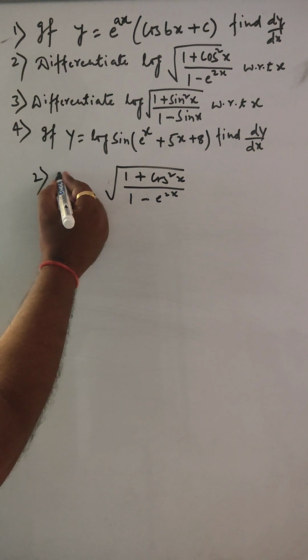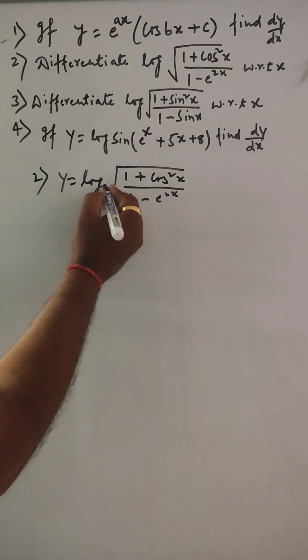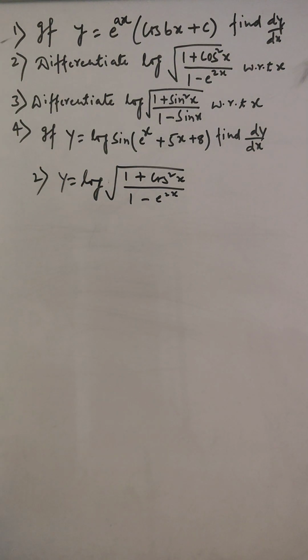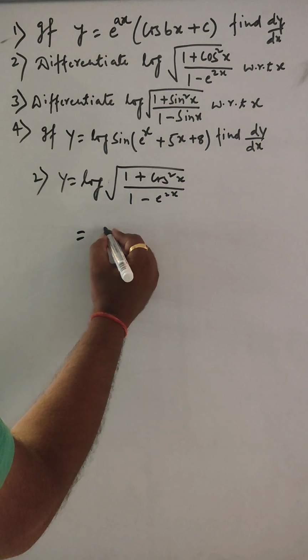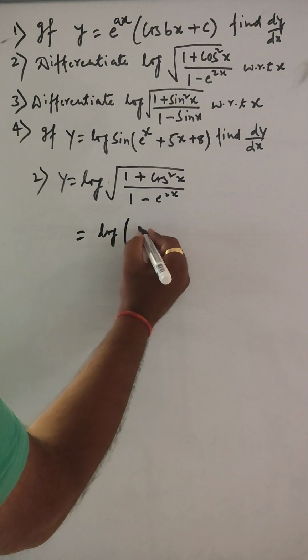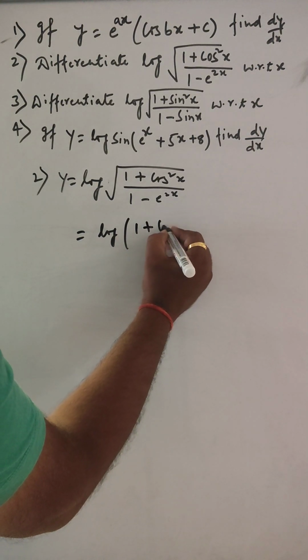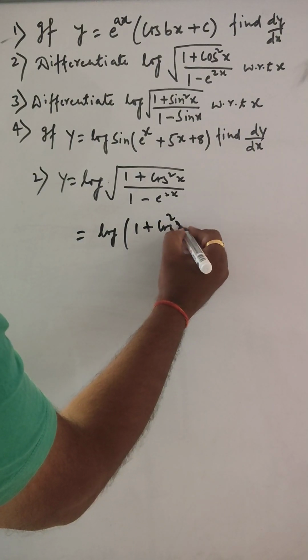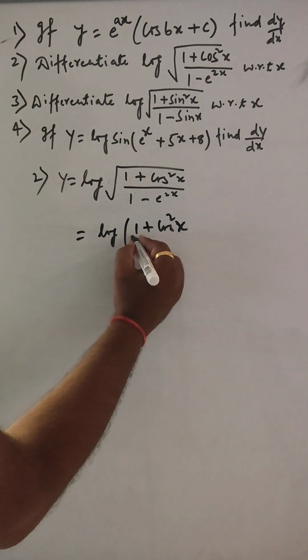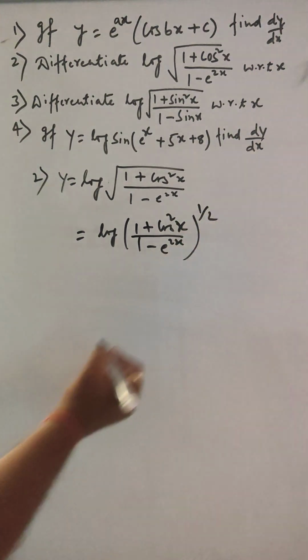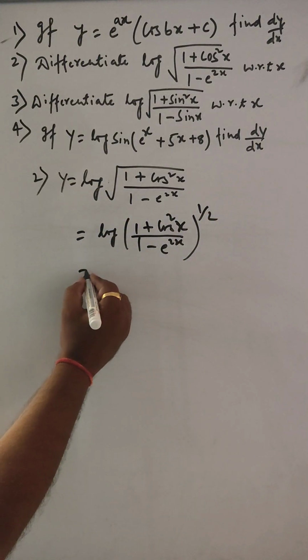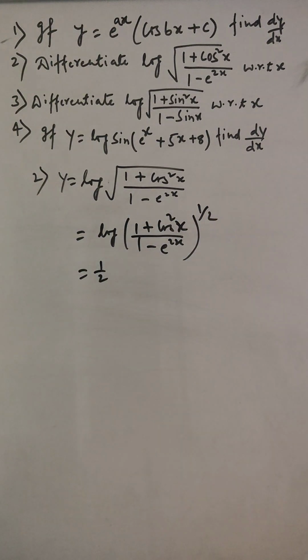So we have let y is equal to log of (1 plus cos square x over 1 minus e to the power 2x) to the power 1 by 2. So the power can come out, because this is the log.